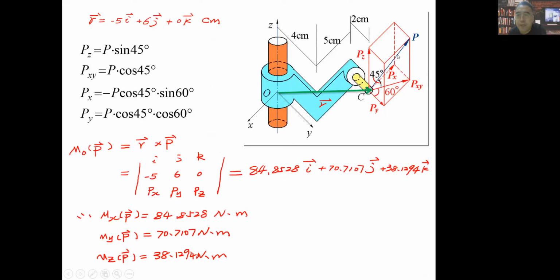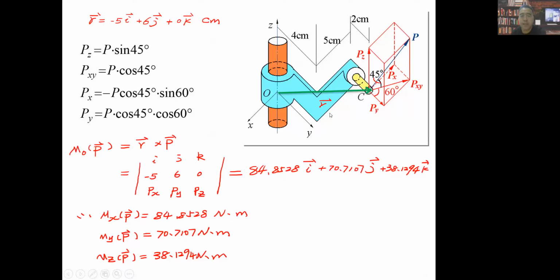Because we can calculate the moment of force P to point O firstly, then we can very happily find that its three components are actually the moments of force P to the three axes. So first, link point O and C to get its position vector R, right?